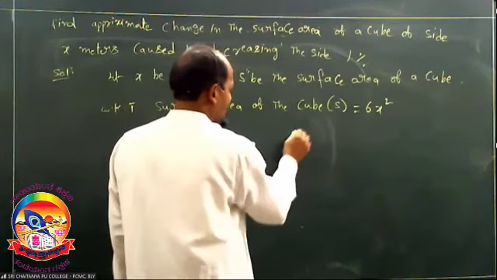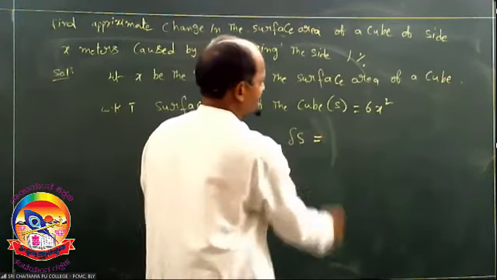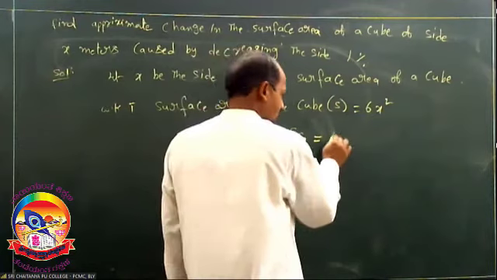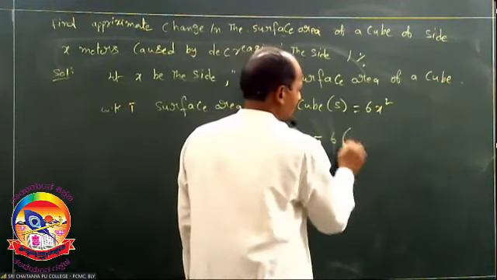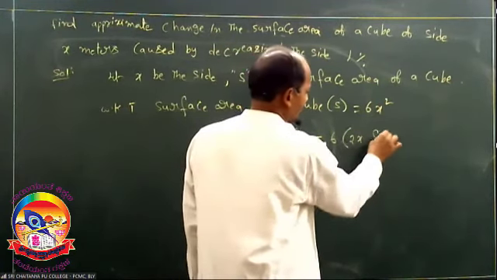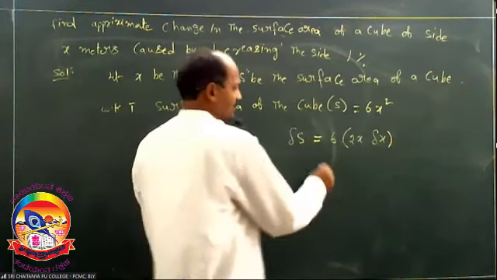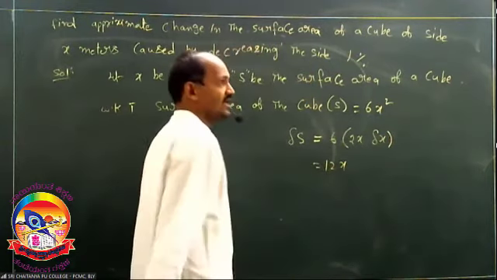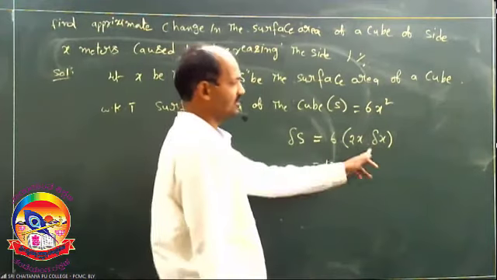Then find its delta S. The derivative of 6x² is 12x, so delta S is 12x into delta x. What about delta x?